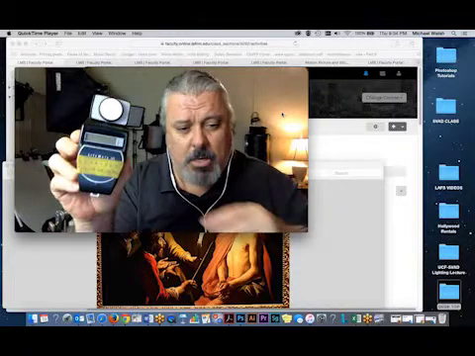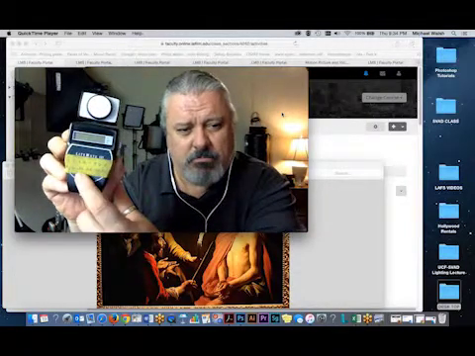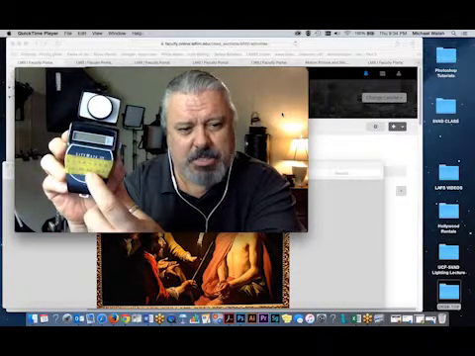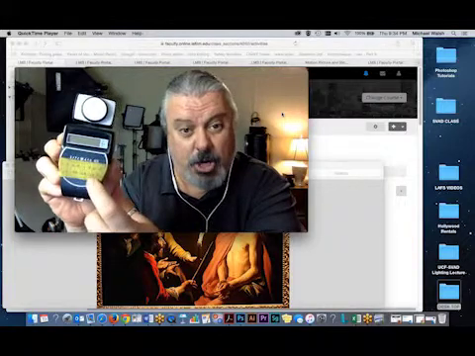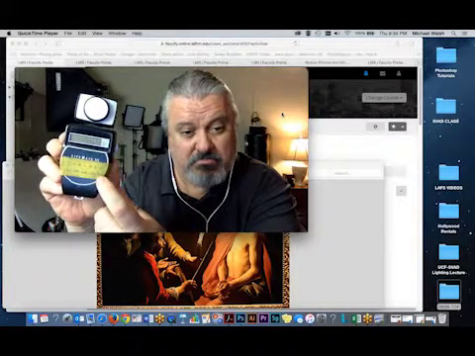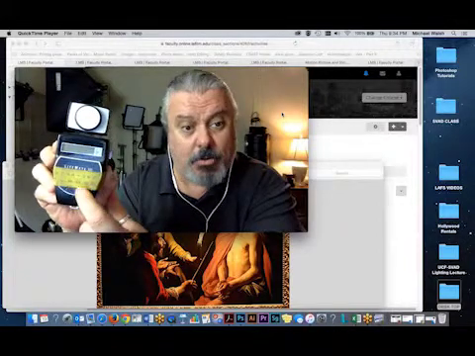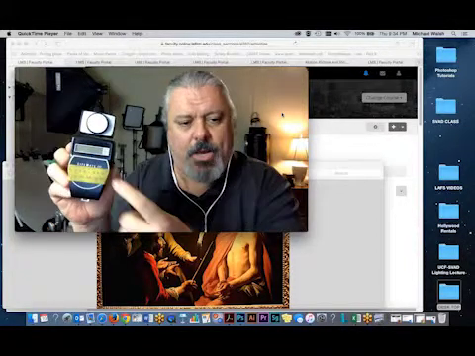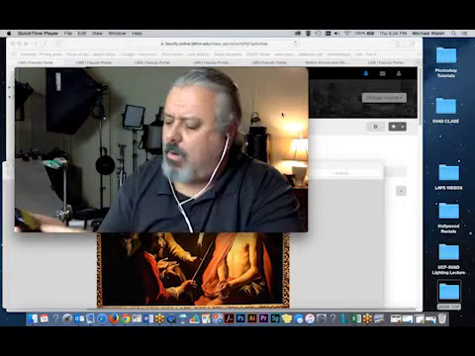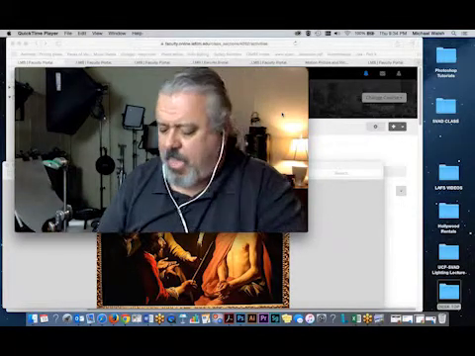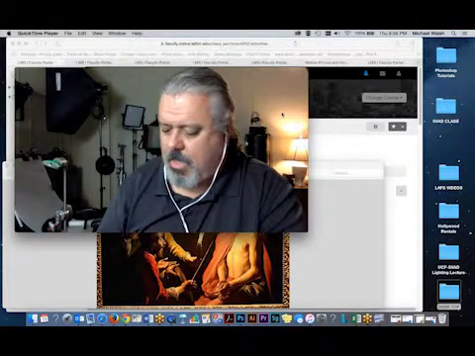Okay. Now if you look way down here at the end of the scale, and this is really hard to see, I have a 1.4 is 8 foot candles. Okay. So that means 4 foot candles was going to be about an f 1.2.